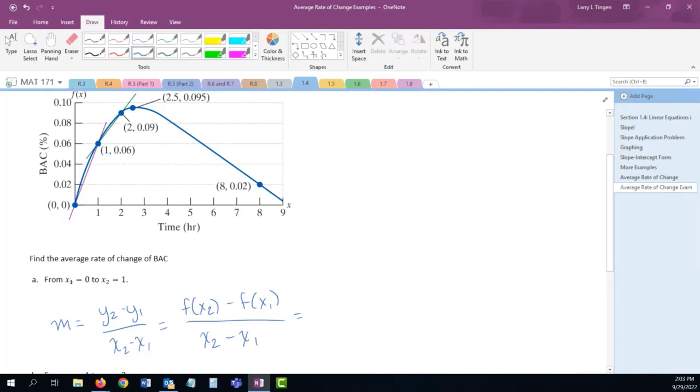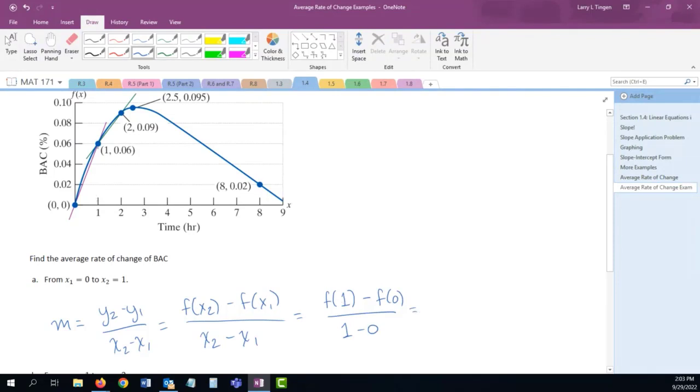Now, from 0 to 1, so let's swap out all of our numbers here. X2 is 1. X1 is 0. What is f at 1?